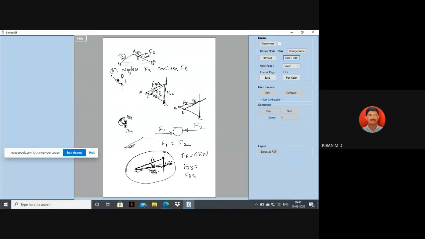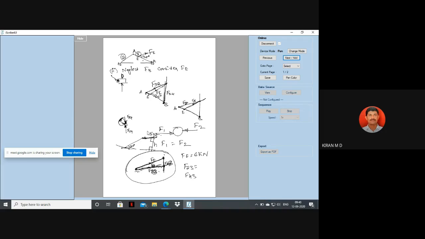You draw the line parallel to this one, F32. Then again you draw the same opposite line here also. You extend this line and draw the perpendicular to these two parallel lines. You are going to get H.